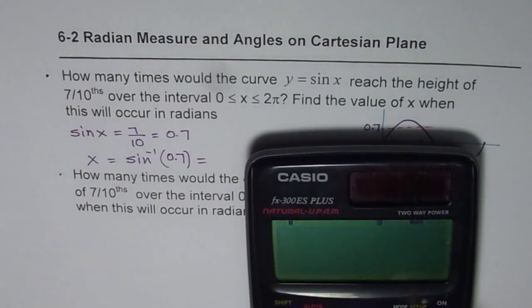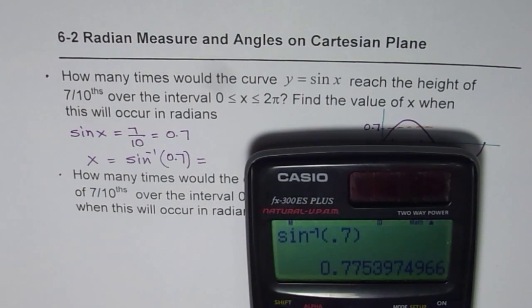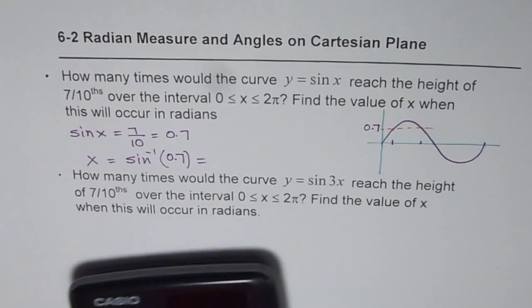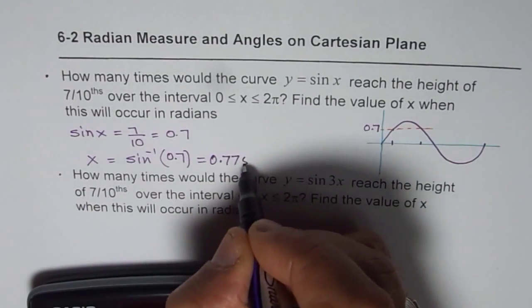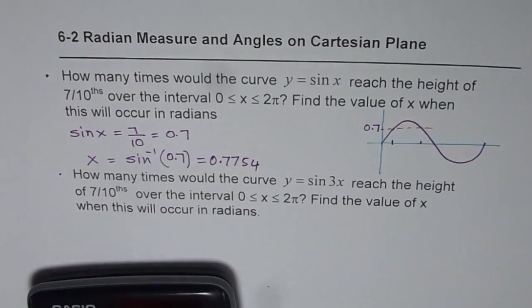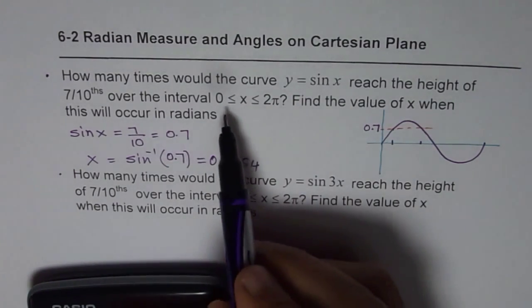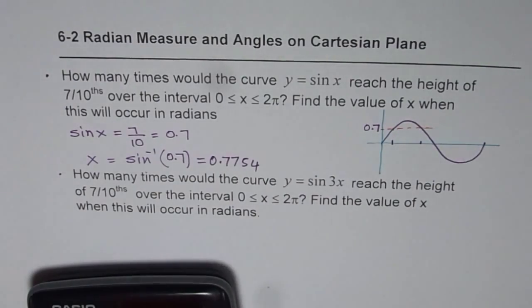Sine inverse of 0.7 is 0.77539, so it's 0.7754. We are working in radians since the angle is given 0 to 2 pi, so it's obvious.